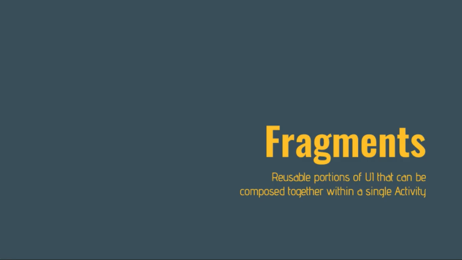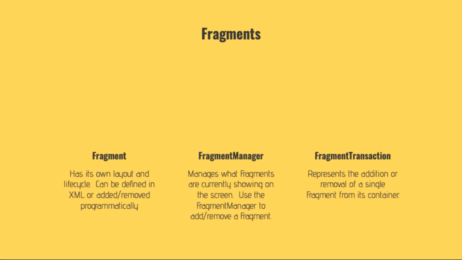So a fragment is a reusable portion of UI that can be composed together within a single activity. Now there's kind of three main concepts here with fragments. So there's the fragment itself, which has its own layout file, very similarly to an activity. And a fragment also has its own lifecycle, which again is very similar to the activity lifecycle that we're already familiar with.